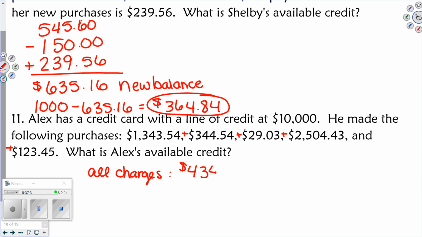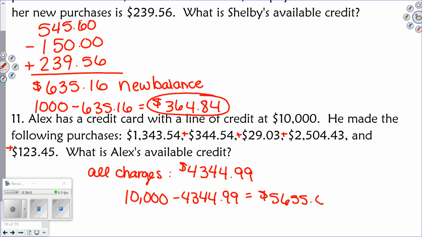I have 43, 44, 99. Confirm. Okay. So then to find his new credit limit, or how much he still has available, we'll do 10,000 and we'll subtract that from it to figure out how much he still has available. So 56, 55, 01.